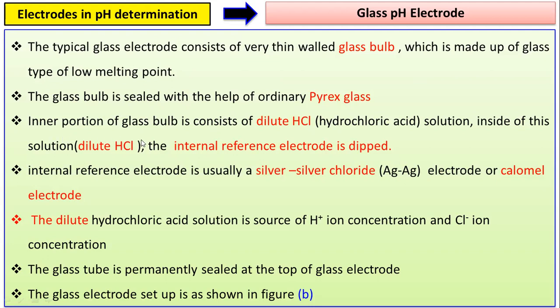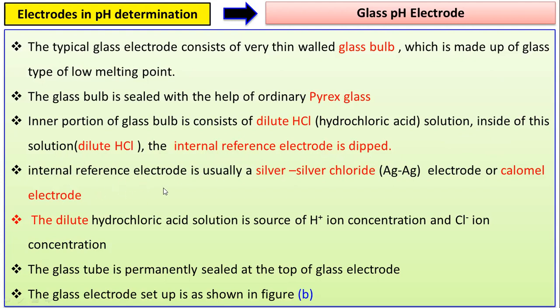Then the inner portion of the glass bulb basically consists of dilute HCl, that is hydrochloric acid solution. Inside this solution, that is inside the dilute HCl, the internal reference electrode is dipped.